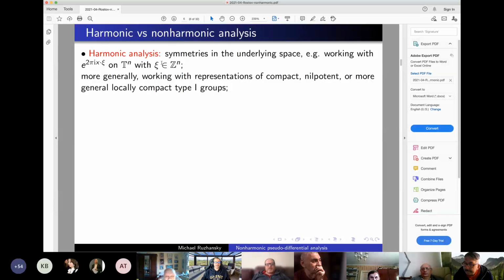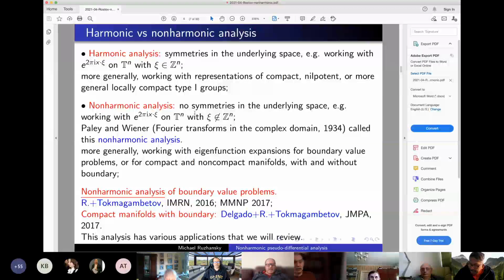More generally, as I said, we can work with representations of groups, but this exponential is like a representation, a character of a group. So it's a special case of working with representations. If you work with representations, in one form or another, then we can still talk about harmonic analysis. However, non-harmonic analysis, the term comes from the Paley and Wiener book, Fourier transforms in the complex domain, from almost 100 years ago, and they worked with exponentials.